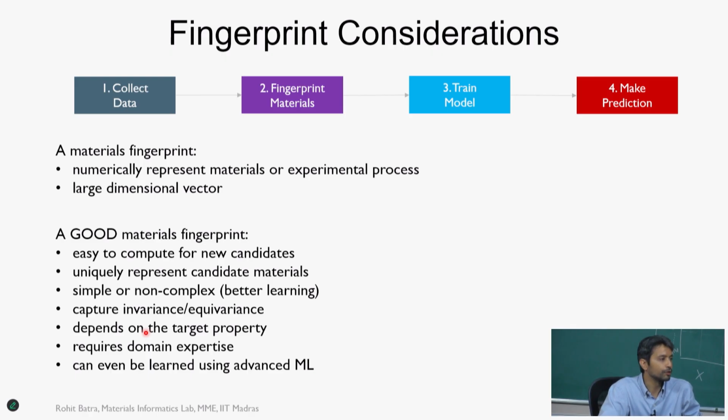And then whenever you are designing a fingerprint, think of the underlying mechanism. Ultimately, what your model is doing is mapping your fingerprints to the output property. So if you are able to capture the underlying mechanism, you can map it to the target property.